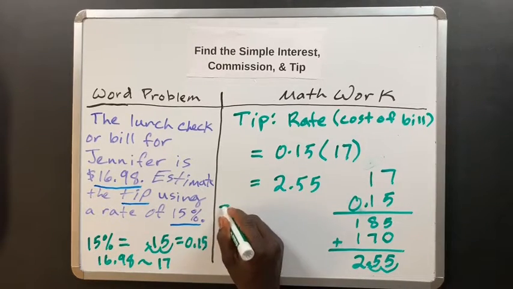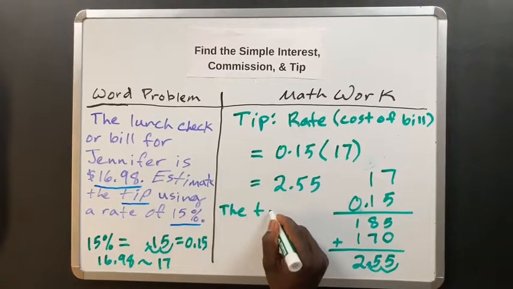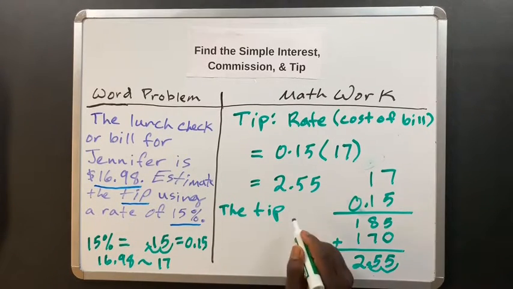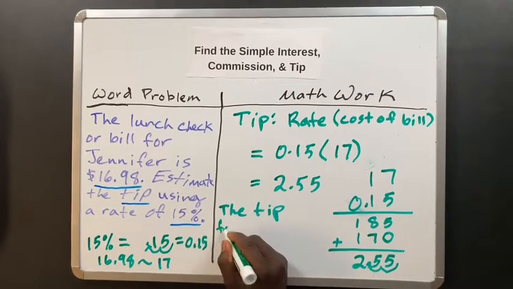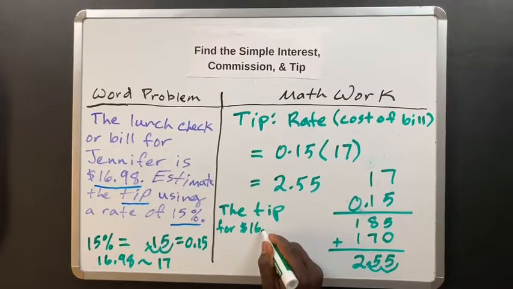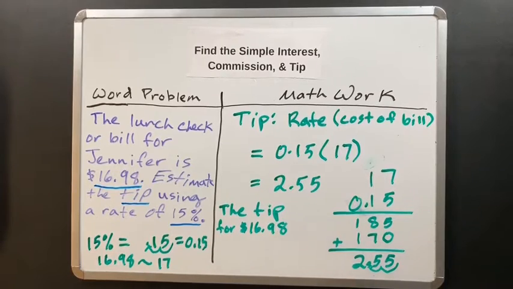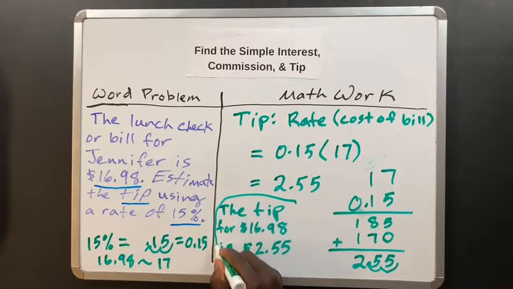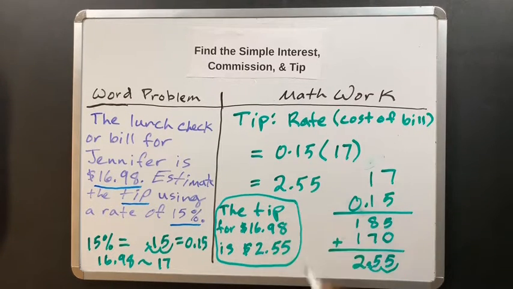What that means is the tip, right? Which is what they wanted us to find. The tip for the cost of the bill, which is $16.98, is estimated to be $2.55. That is our final answer, okay?